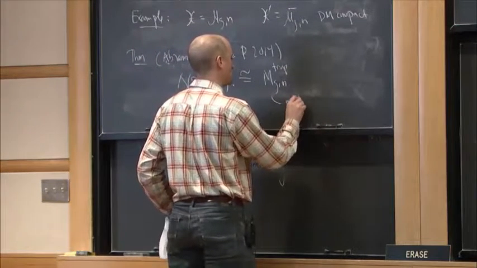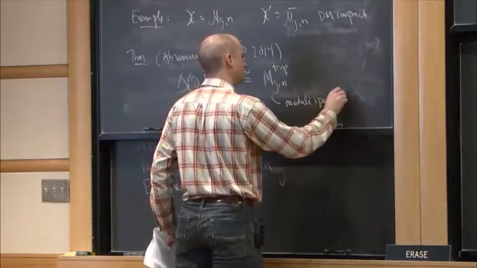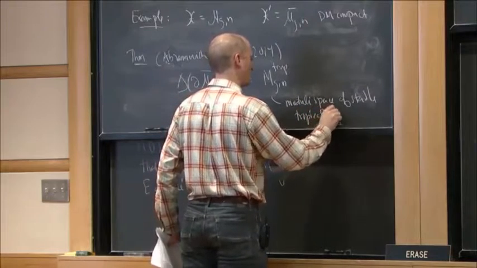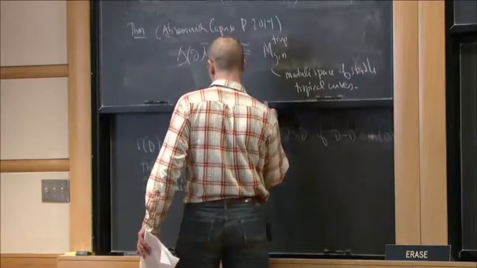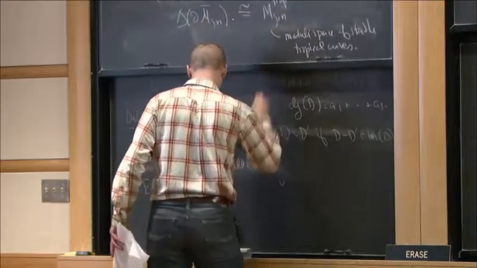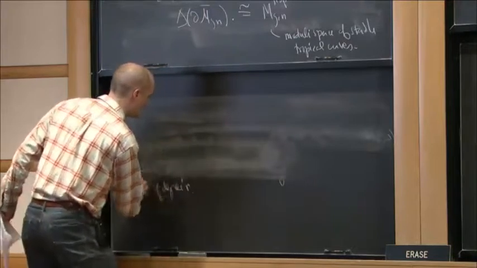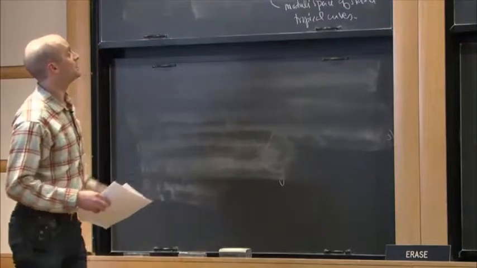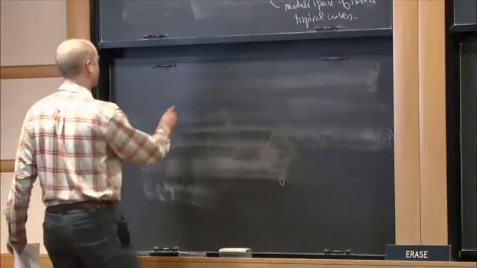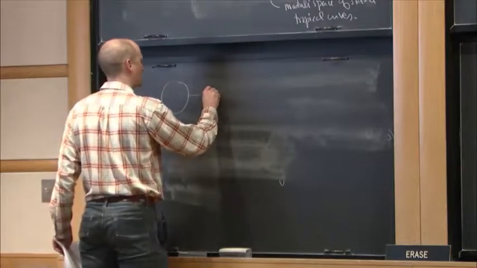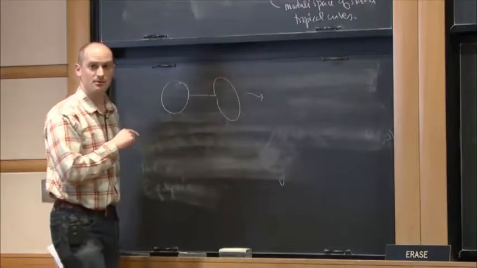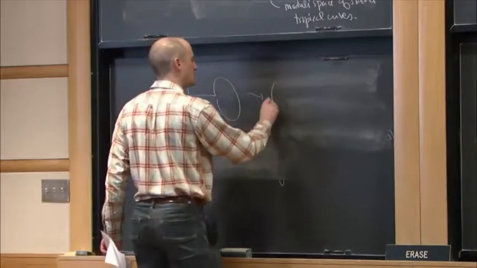So let me just draw a picture. Essentially, these are dual graphs of singular curves in the boundary of M_{g,n} bar. In genus 2, it could look like this, but we assign edge lengths to each of the edges.